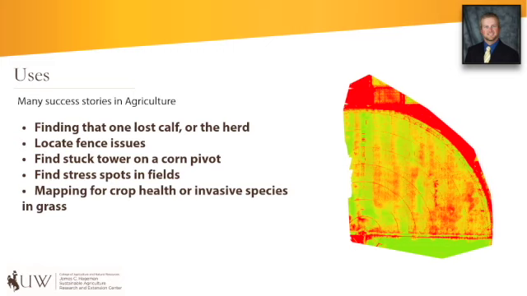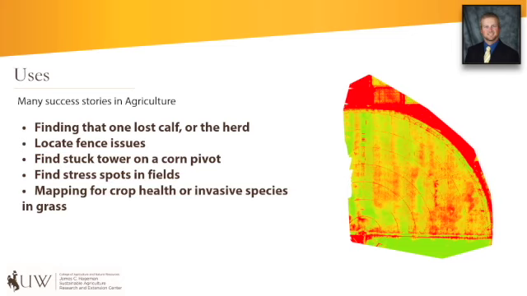I think as we've gone through this, you've probably found yourself thinking of ways that you might be able to utilize a drone, or you've already figured out a way to utilize a drone. There are a lot of success stories in agriculture. We work in big open areas with these specialized situations, and some success stories we've seen are that rancher finding that one lost calf that they couldn't find, or saving time by sending the drone up to figure out where the herd is at in a large paddock.